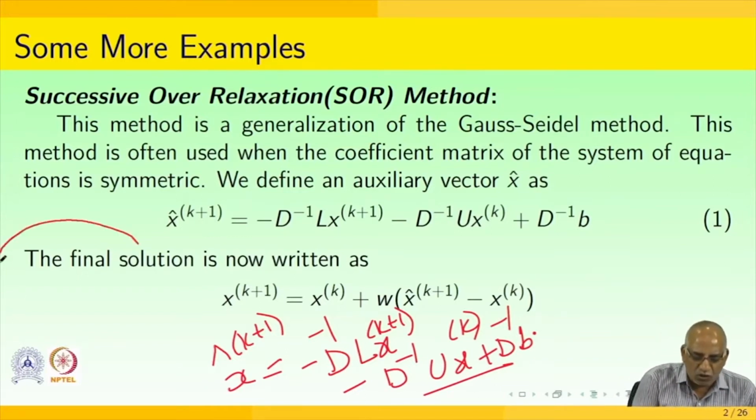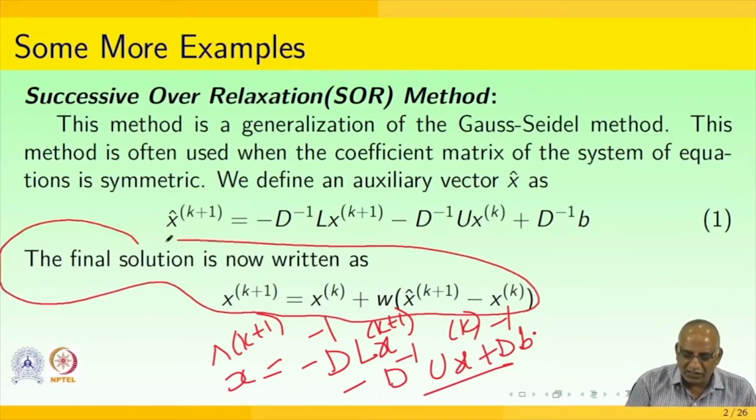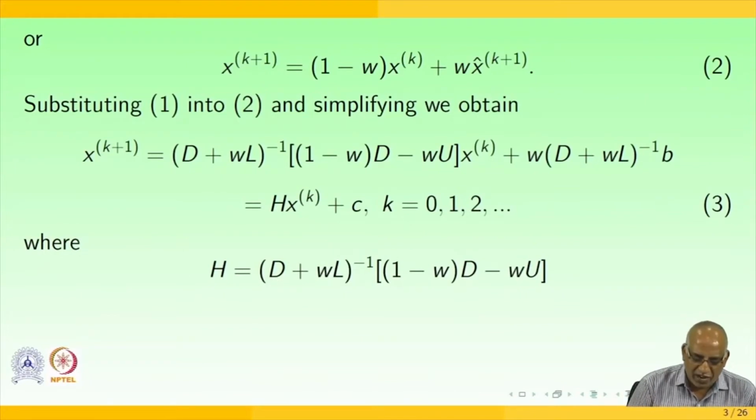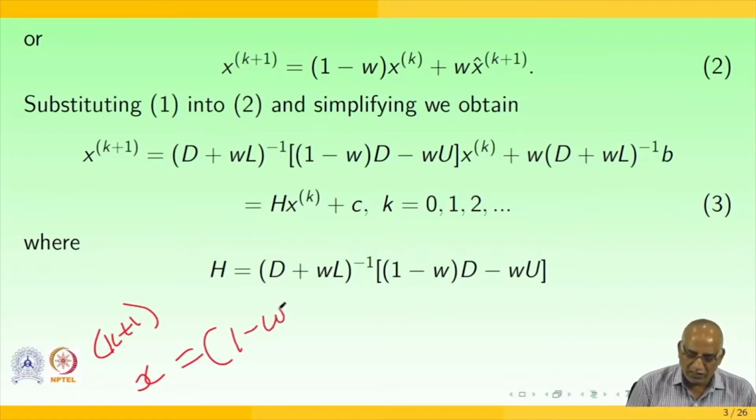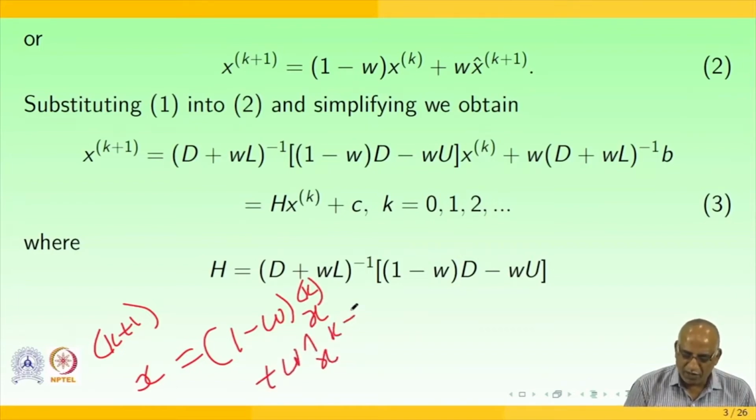So the final solution can be written as x of k plus 1 is equal to 1 minus w times x of k plus w times x cap of k plus 1.